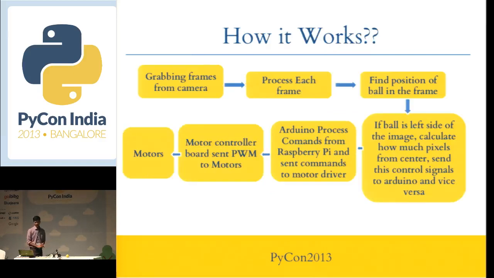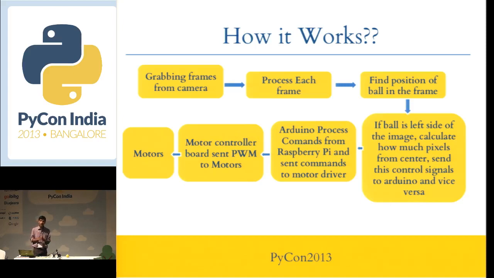So how does it work? This is the block diagram. It will grab the frames from the camera, then it will process the frame and find the position of the ball using some image processing technique. Then if the ball is on the left, it will calculate the offset from the center of the image and send a control signal to Arduino.